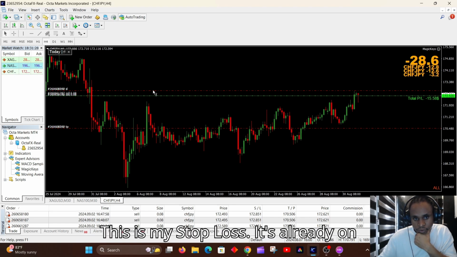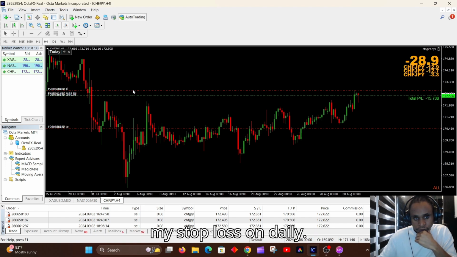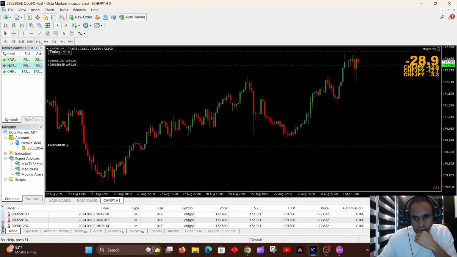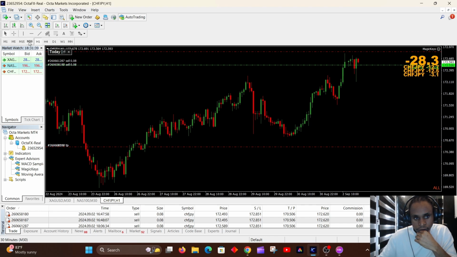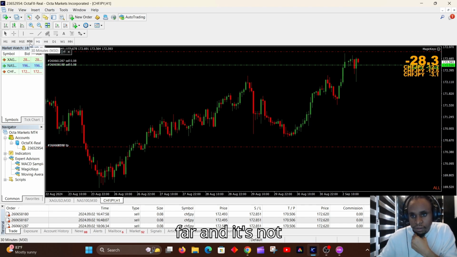This is my stop loss. It's already on my stop loss on the daily, but not yet on my stop loss on the daily. It's not that far.